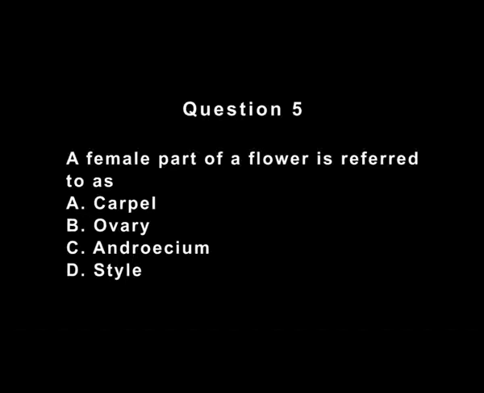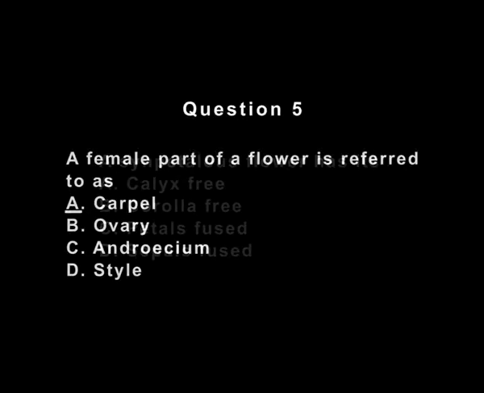Style is a part of the female part. Ovary is a part of the female part. Androecium is the collective noun for the parts of the male part. Therefore, the answer for number 5 is A. The female part of the flower is generally referred to as carpel.